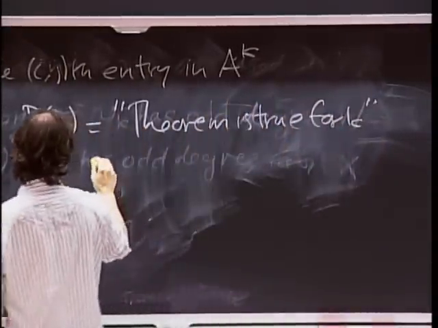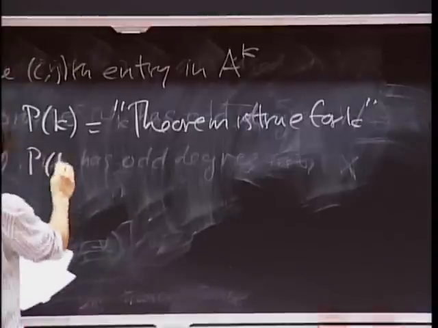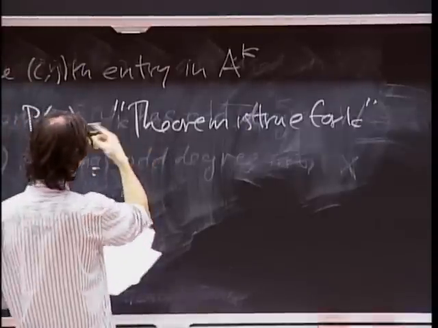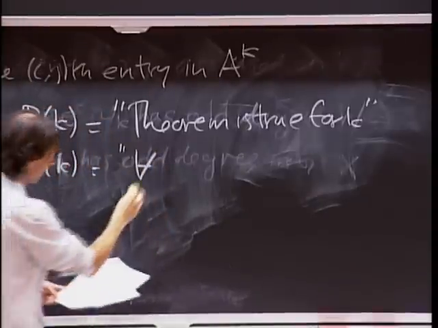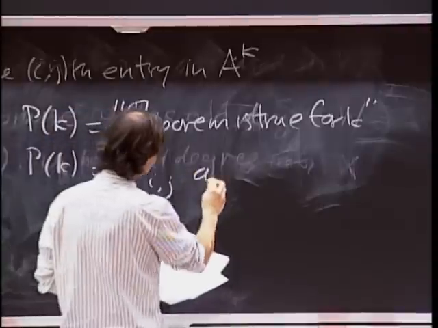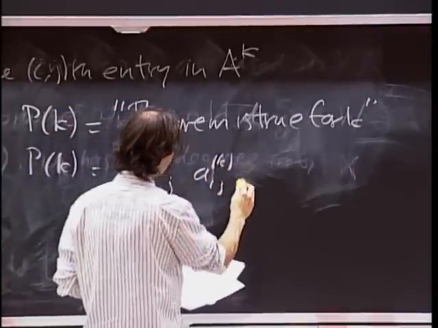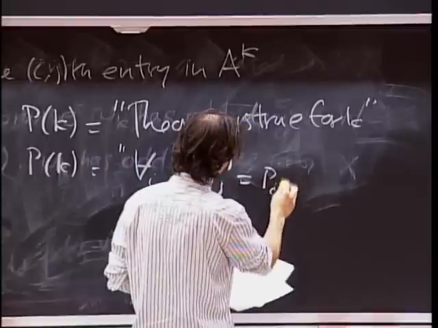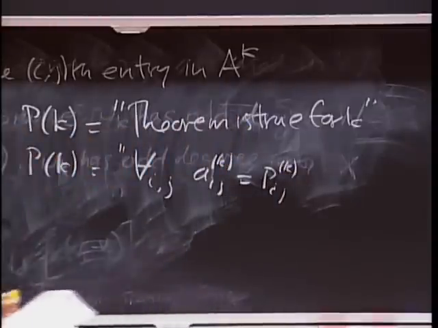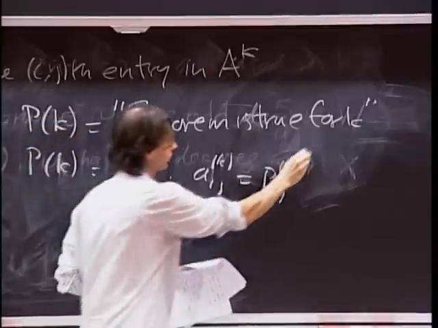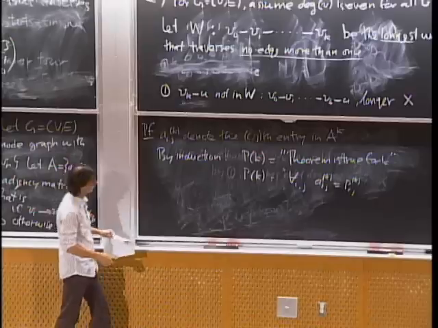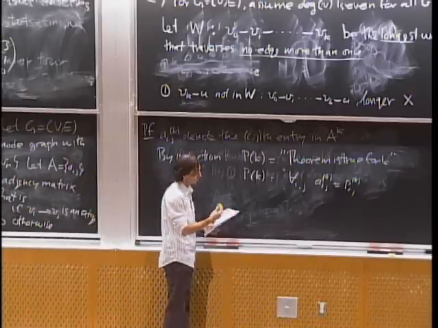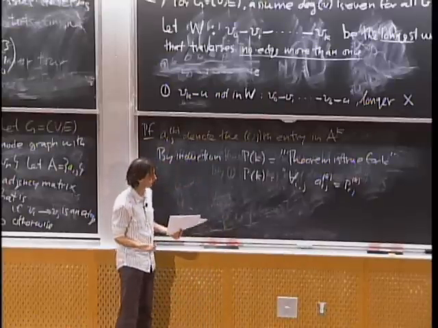And this is really the same as stating that for all i and j, Aij^k is equal to Pij^k. So this is what we want to prove. And this is pretty straightforward, because now we can look at how we compute walks of length k, or k plus 1.